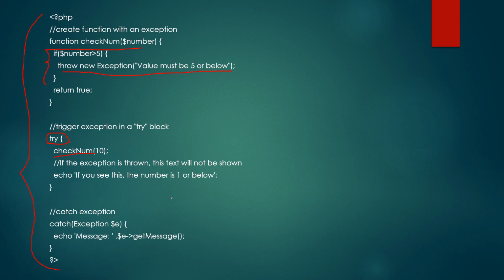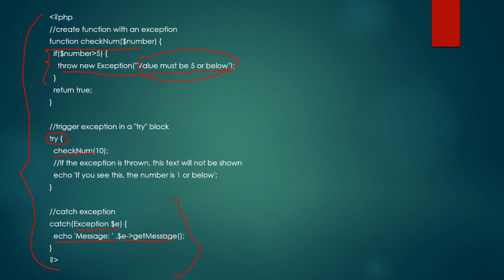Then I have a catch block. Here I have created an object of the class Exception, that is object E, and I'm printing out the message by calling the method getMessage. GetMessage means this message will be printed onto the screen: value must be 5 or below.